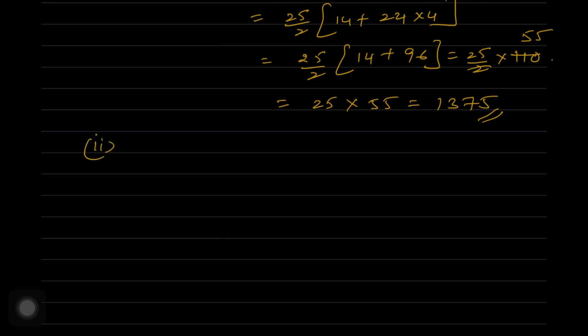Okay, now the second one. It is given that an is equal to 9 minus 5n.